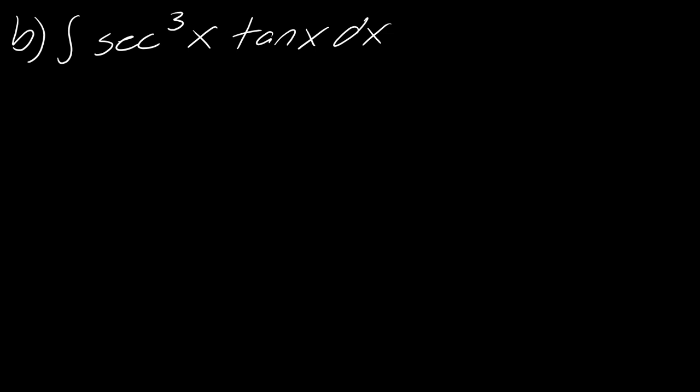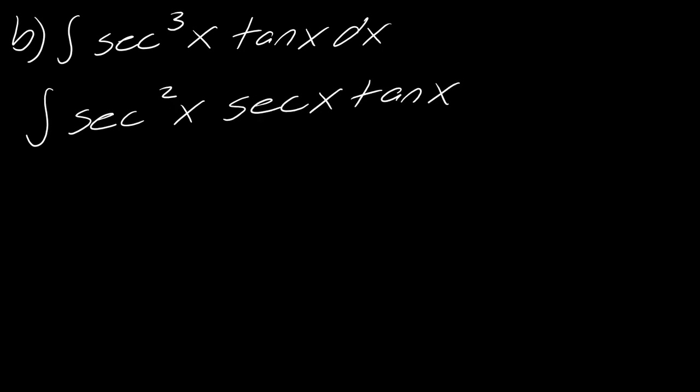Okay, for this next one, now I've got secant cubed x tangent x. So now I have an odd number of secants and tangents, and I have just this one tangent. So now I can think of separating this integral into pieces: secant squared x, secant x, tangent x. Now I can do the other substitution I was talking about.